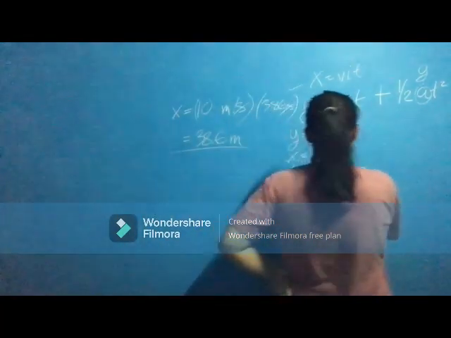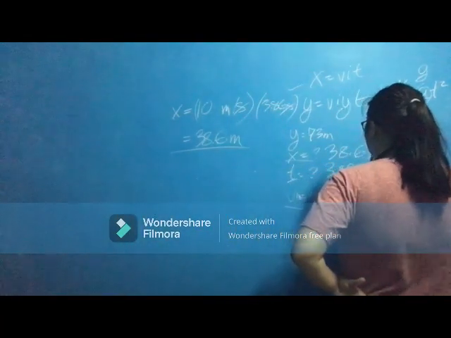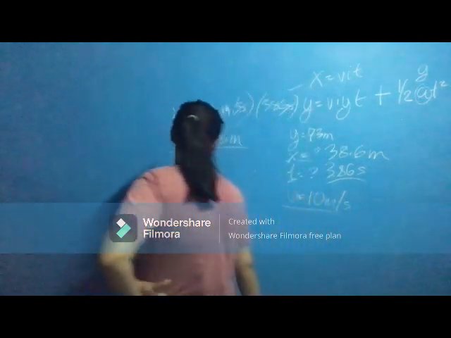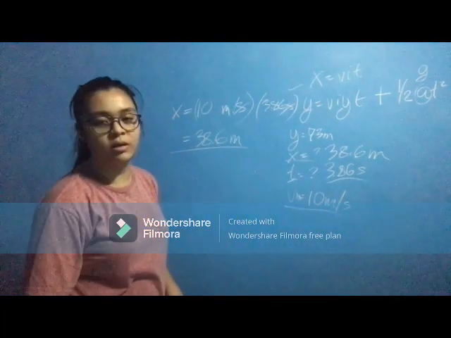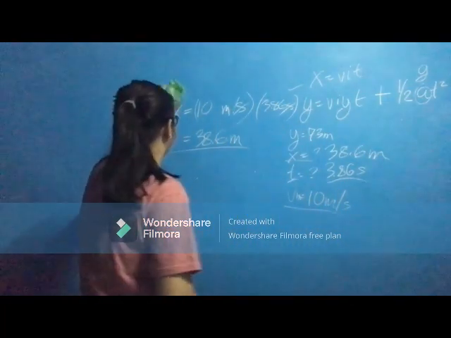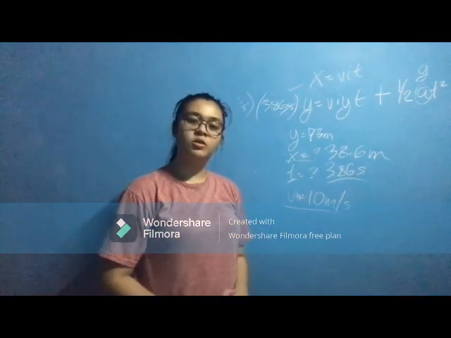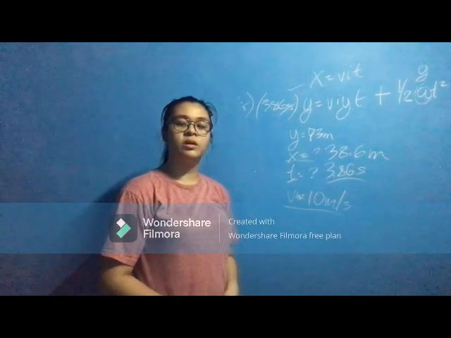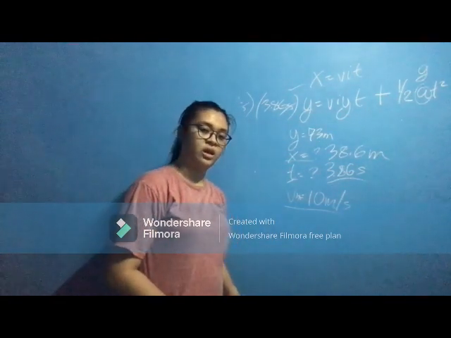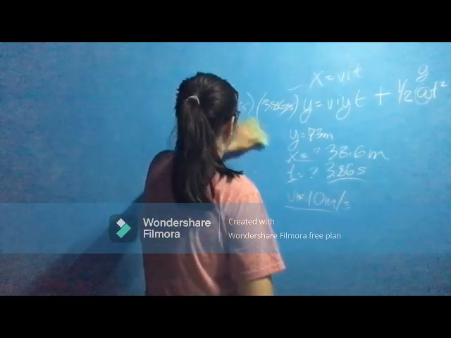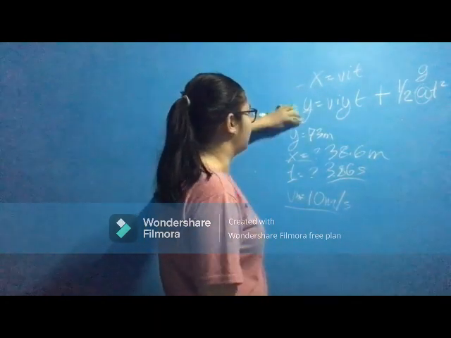Let's write that. So now we have found all of the required factors, and that is my demonstration for solving a horizontally launched projectile for motion in 2 dimensions.